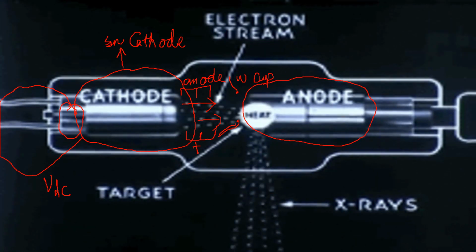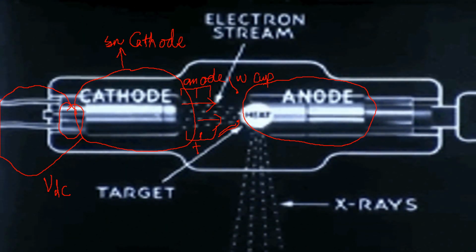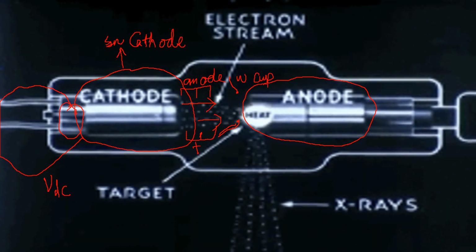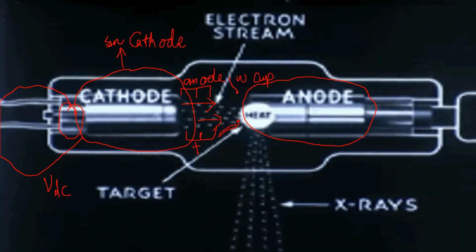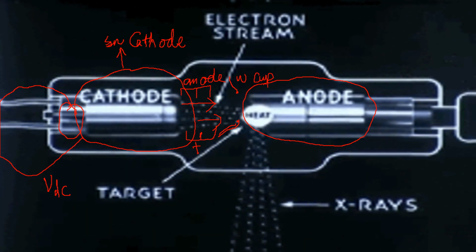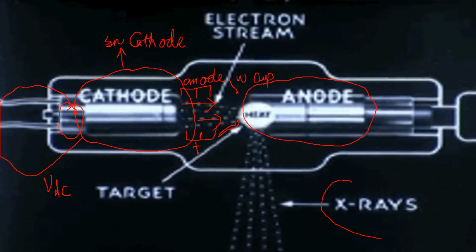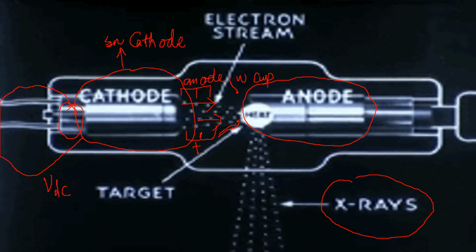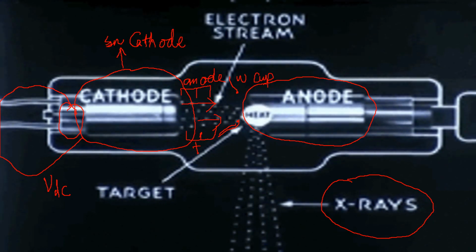So now this highly accelerated beam of electrons, when it interacts with the surface of this anode, will result in the generation of different types of X-rays, characteristic X-rays and also continuous X-rays.